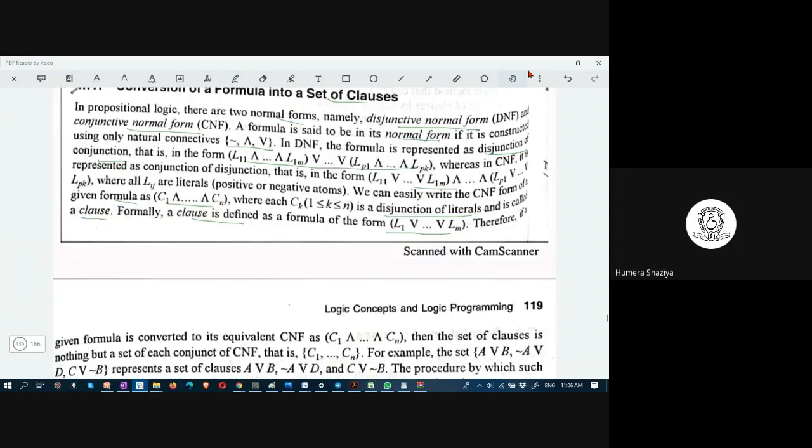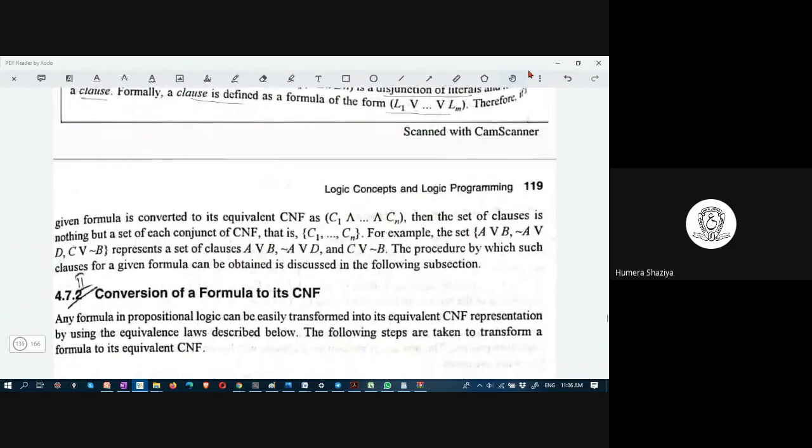Therefore, if a given formula is converted to its equivalent conjunctive normal form as C1 and C2 and up to Cn, then the set of clauses is nothing but the set of each conjunct of the conjunctive normal form.